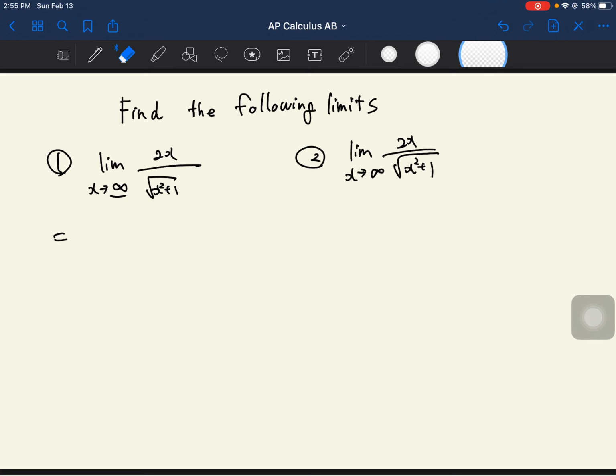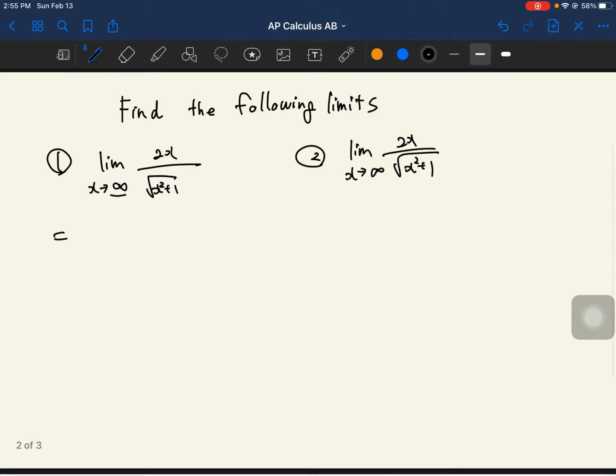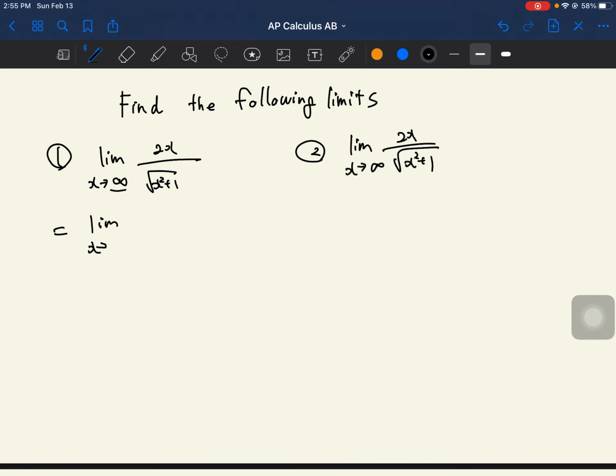How do you do it? Do you have any idea? What you have to do is divide by the highest degree term in the denominator. So which one is the highest degree in the denominator? It is this one, x squared.